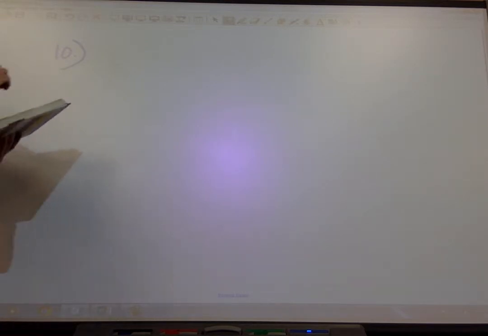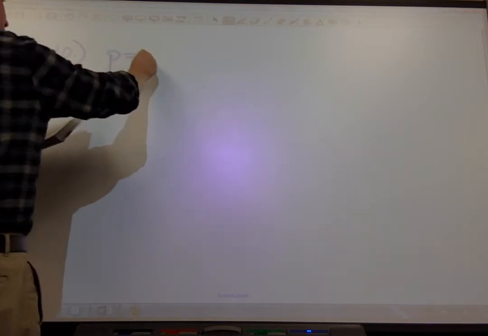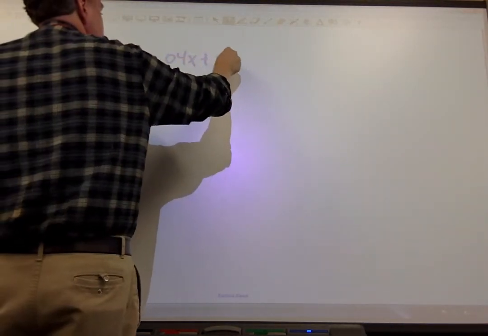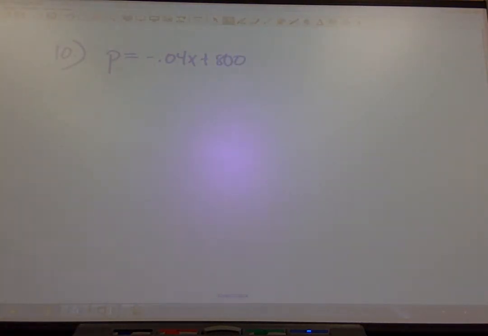They determine the demand function. The P is equal to negative 0.04x plus 800. And that's for X between 0 and 20,000. P is the speaker's unit price, and X denotes the quantity demanded. Find the revenue function.